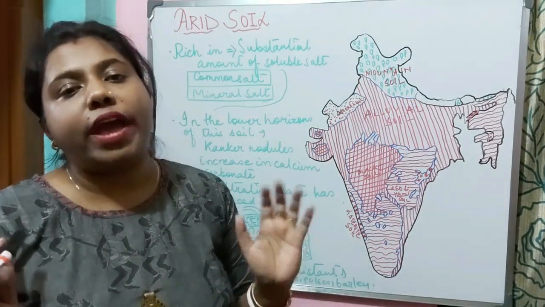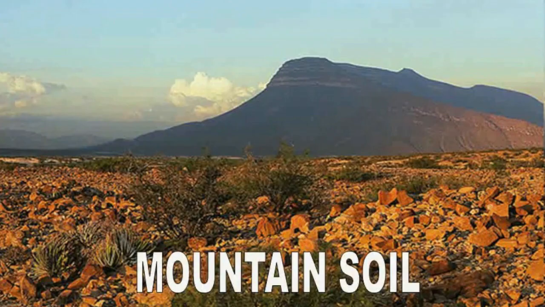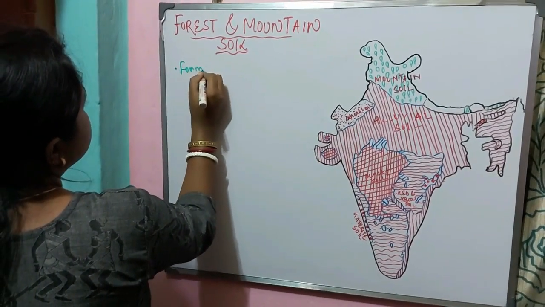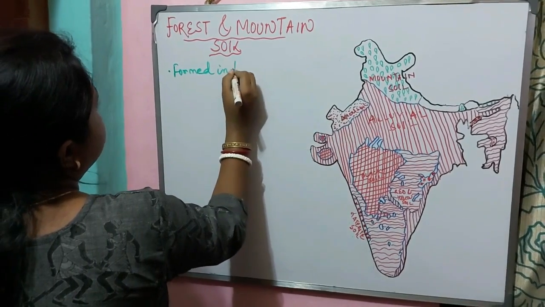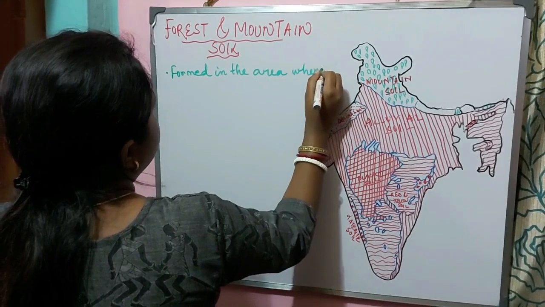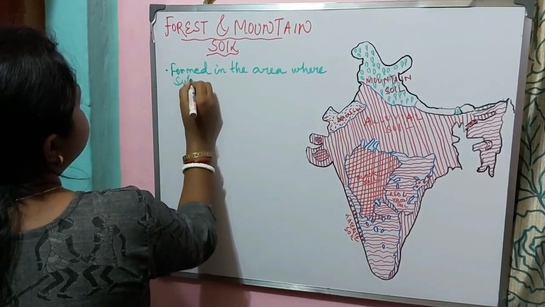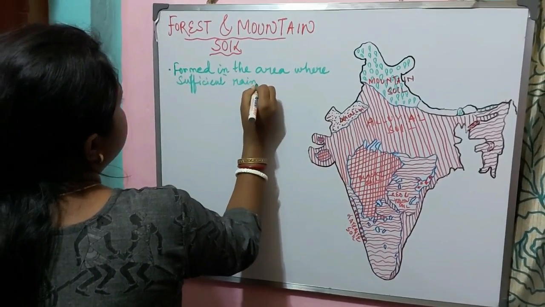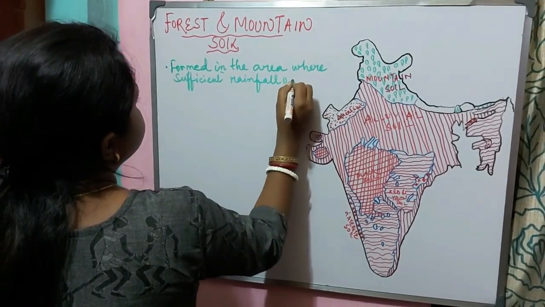Now we will move ahead with the last type of soil, forest and mountain soil. Forest and mountain soil are formed in the areas where sufficient rainfall occurs.